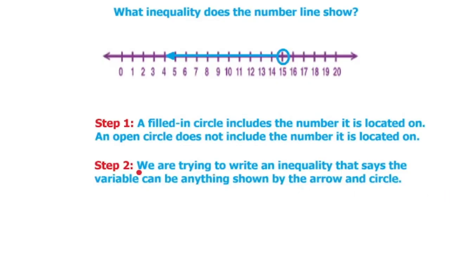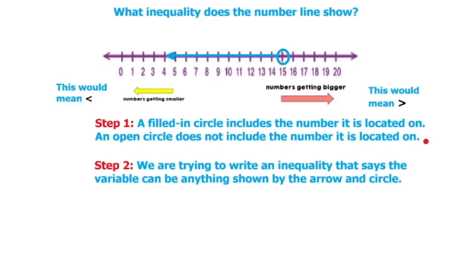So we are trying to write an inequality that says the variable can be anything shown by the arrow and circle. So the variable, usually it's x, can be anything on this line and beyond, but not including the 15.